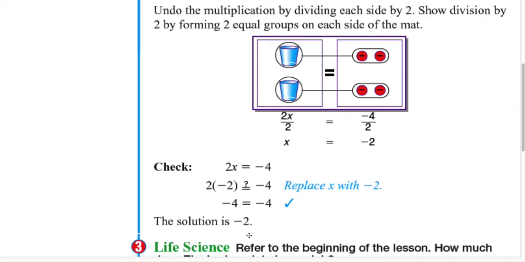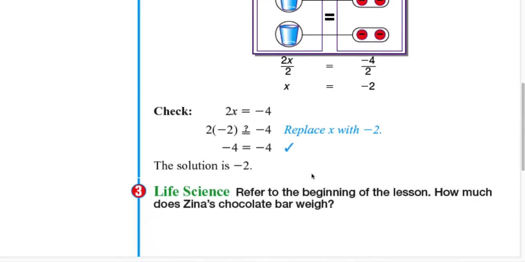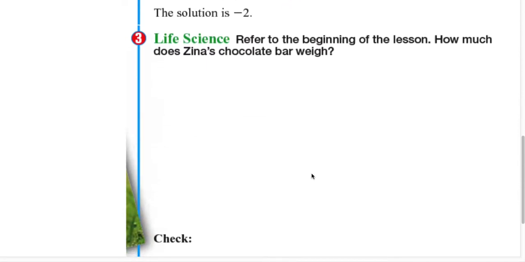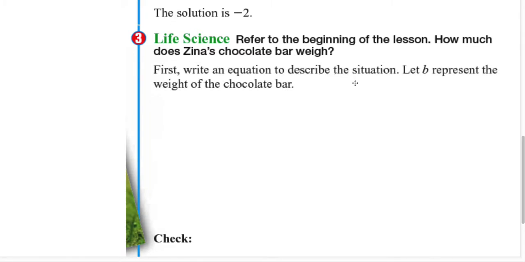So let's take a look at example number 3, and then we'll talk about the 2 remaining properties of equality. Refer to the beginning of the lesson. How much does Zena's chocolate bar weigh? First, write an equation to describe the situation. Again, we need to define the variable.